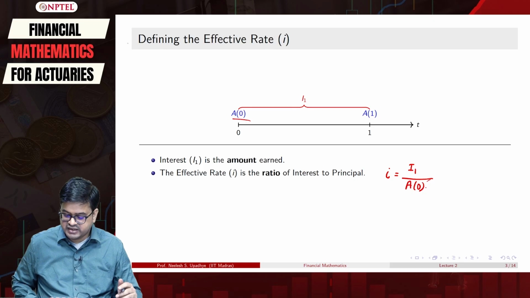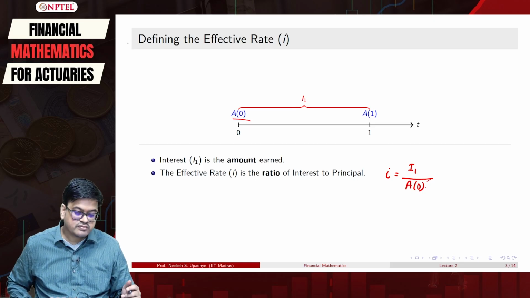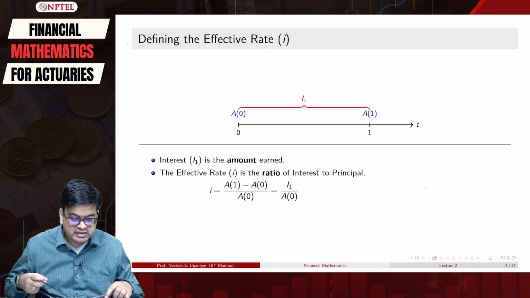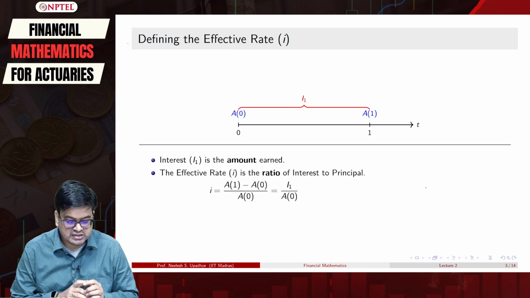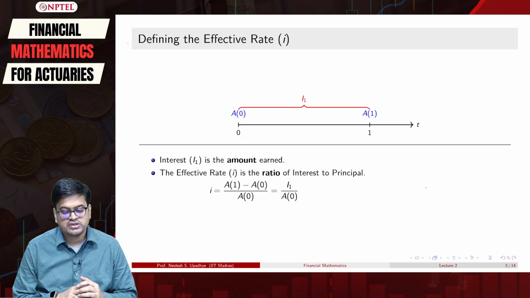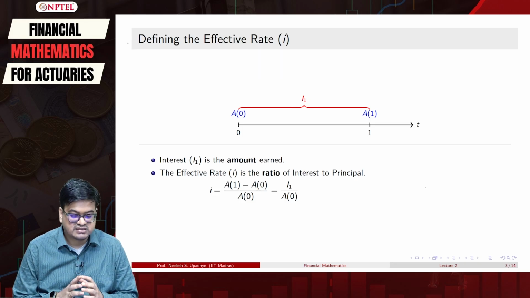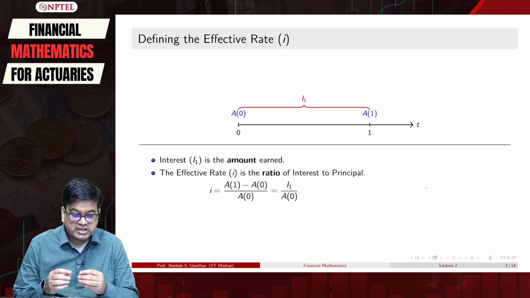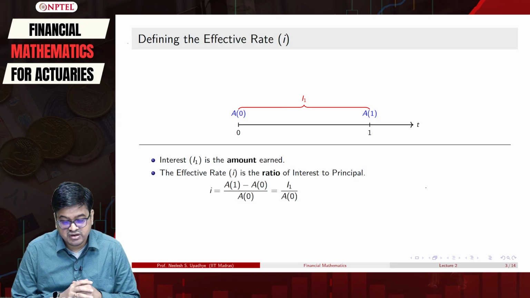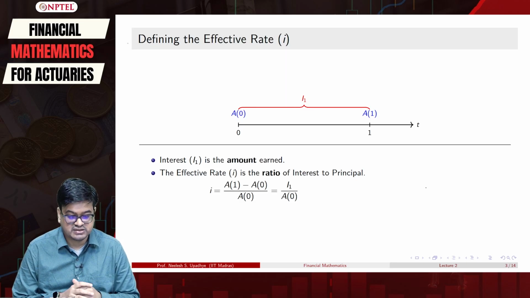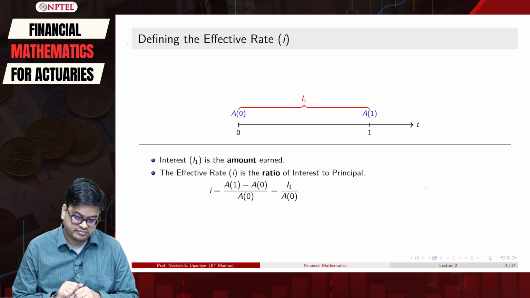You can rewrite it in a better form: i is nothing but (A1 minus A0) divided by A0. So this is the effective rate of interest that I have earned during period 1.